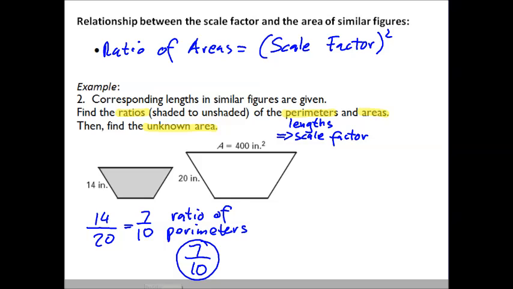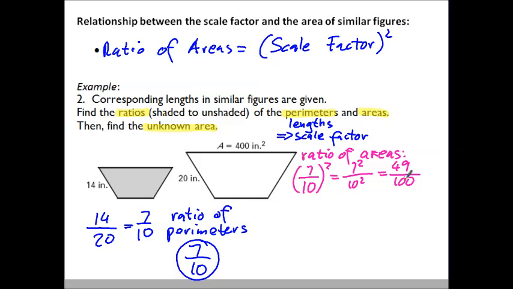Next, we're supposed to find the ratio of the areas. Now we discovered that the ratio of the areas of two similar polygons is the scale factor squared. So now let's take our scale factor 7 over 10 and square it. 7 over 10 squared is 7 squared over 10 squared. In other words, 49 over 100. Here is the ratio of the areas.